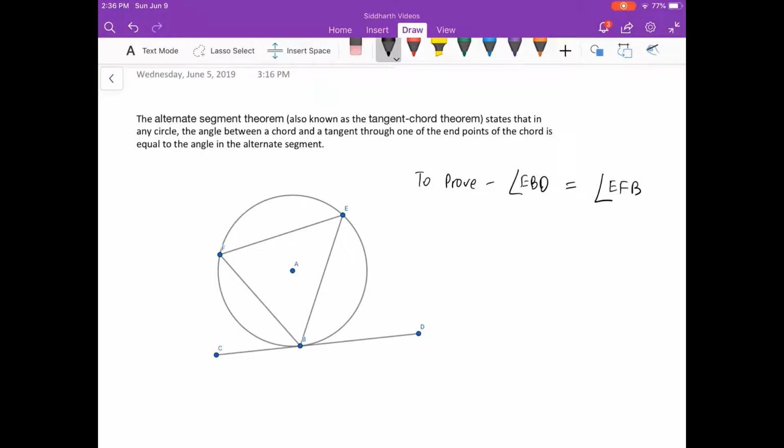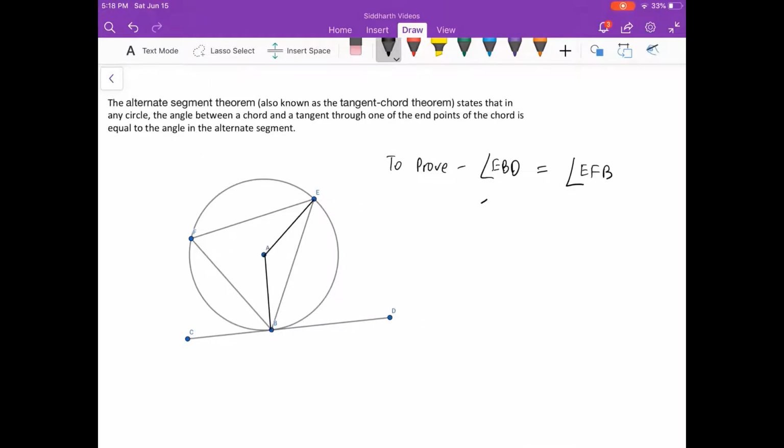In order to prove this, let me connect the center of the circle A to point E and B. And let me take angle EBD as X. As you can see, I have connected AB and AE to prove this theorem.